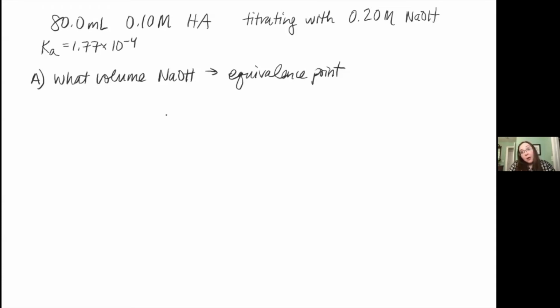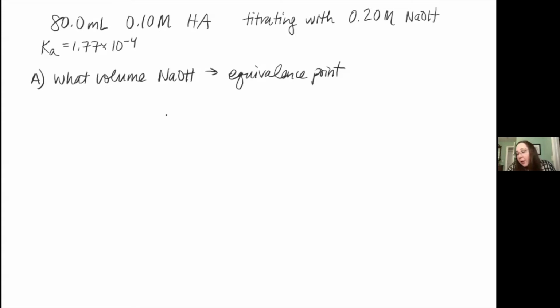After the equivalence point, we know the base is in excess. Before the equivalence point, we know we're going to have a buffer system because this is our weak acid titration. At the equivalence point, we know that we're going to have just a conjugate base. So orienting ourselves to where we are in the course of the titration is really important to help us keep track of what's going on and what our plan of attack should be.